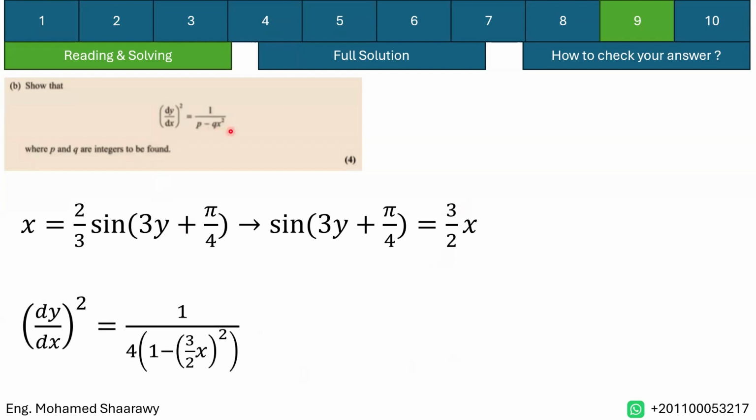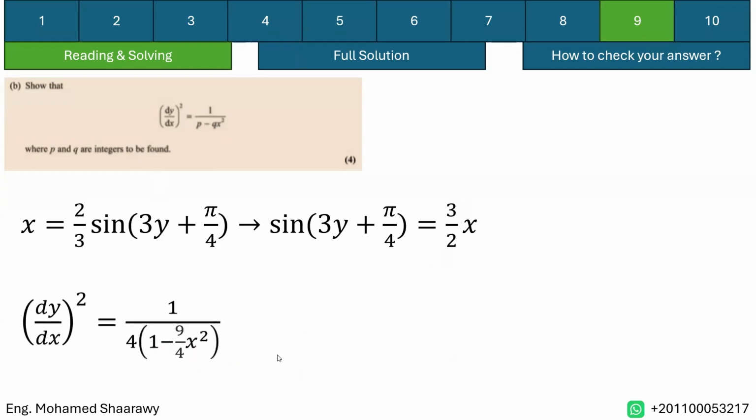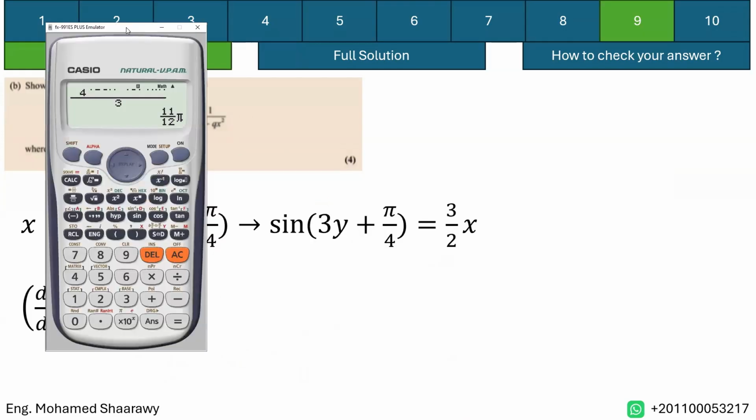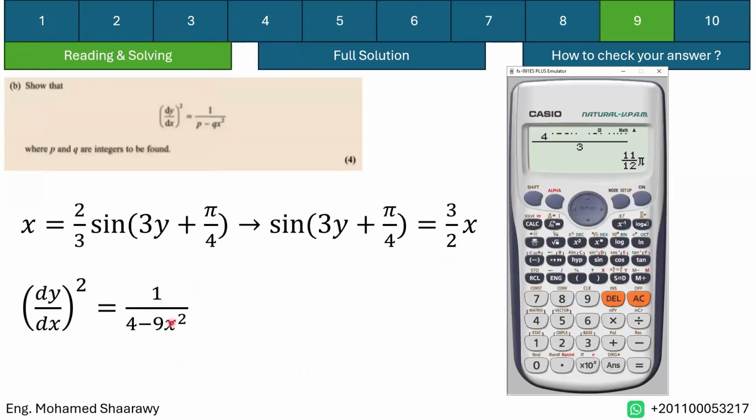And now I have this form. But then 3 over 2 all squared is 9 over 4 x squared. Let me multiply this by 4. So 4 times 1 is 4. Multiplied by 9 over 4 is 9. And that's the answer. Okay, what can I do in order to check whether this answer is correct or not?